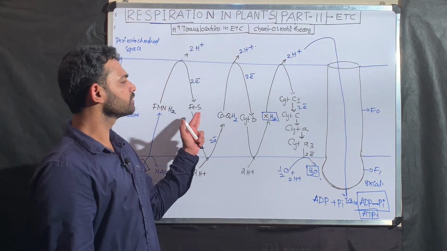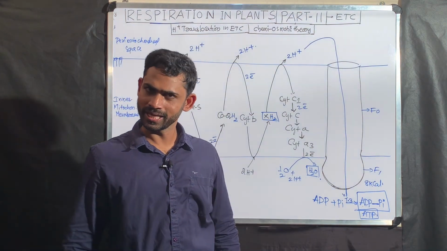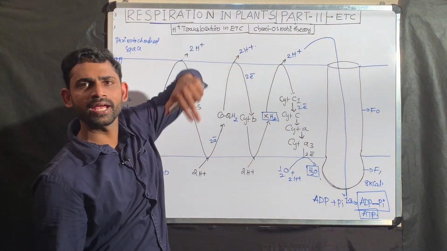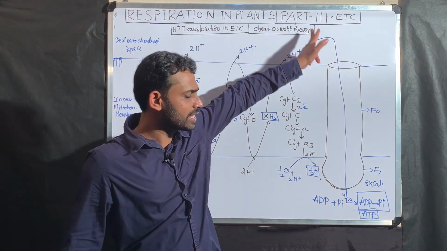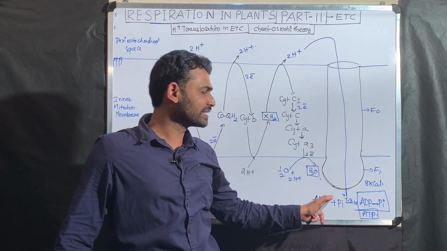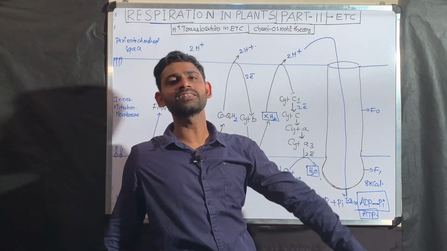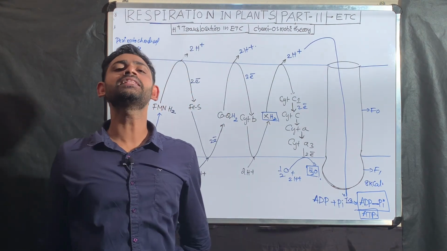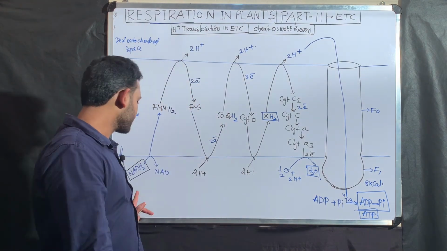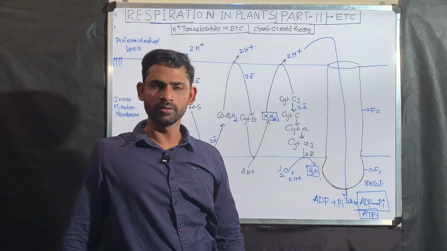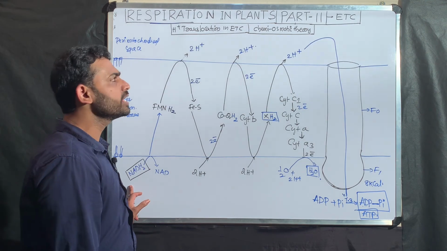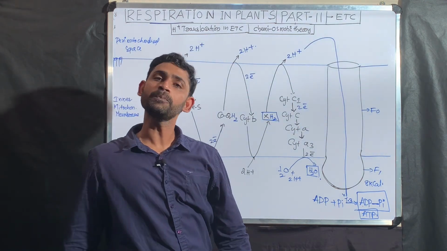While electrons are moving from one carrier to another carrier, protons are translocated, resulting in the formation of a proton gradient. While those protons come back to the matrix, the generated energy is involved in the synthesis of ATP. Fundamentally, the difference comes when the electron donor is NADH2, there is a translocation of 6 protons. If the electron donor is FADH2, there is a translocation of 4 protons.